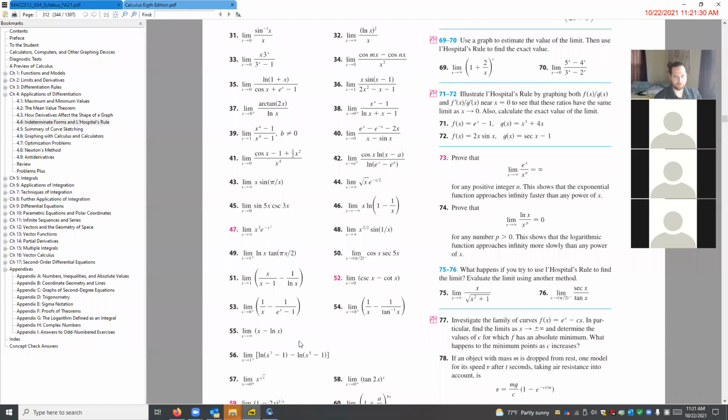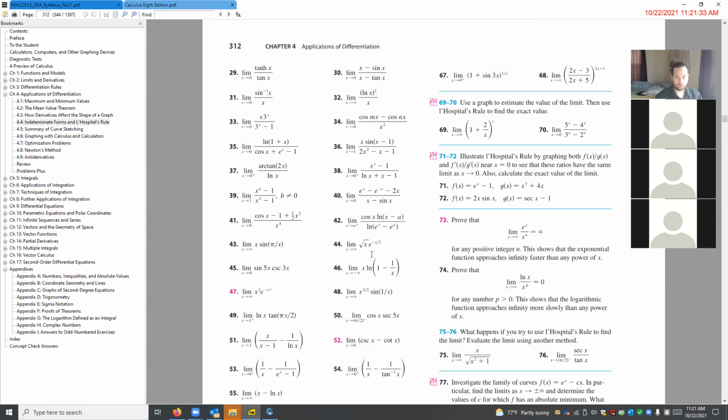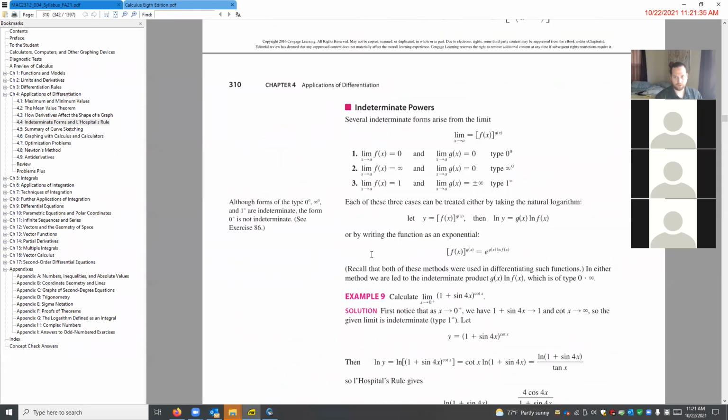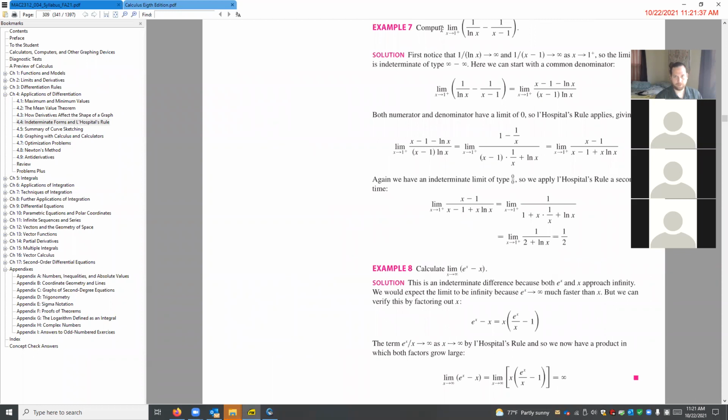Indeterminate differences can be fun too, although these are generally not so bad. Here's a slightly gnarly example. Let's look at the limit as x goes to 1 from the right of 1 over the natural log of x minus 1 over x minus 1.